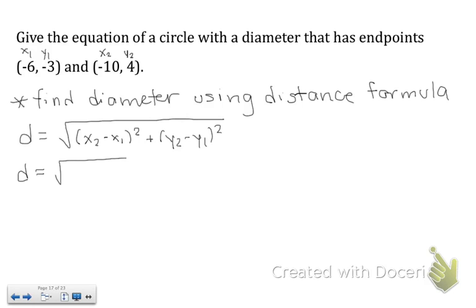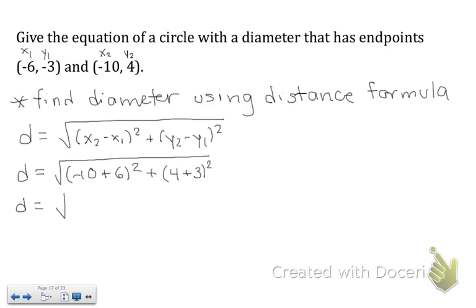So the distance is going to be equal to the square root of -10 minus -6. Now remember, when we subtract a negative, it's really like adding. Plus 4 minus -3, but again, subtracting a negative is really the same as adding. Okay.